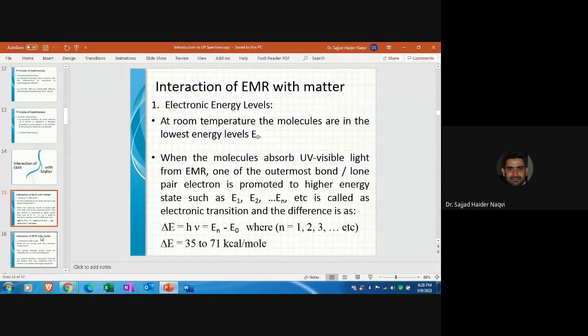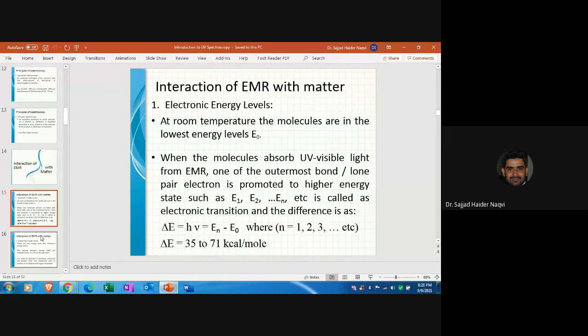As a result, the electrons in the outermost shell are the first to gain that energy, and they increase their energy level from E naught to E1 and then E2 and so on. This transition of energy is called electronic transition. I think you are aware that calculating this change of energy is very simple using the formula we studied earlier: energy equals h nu.